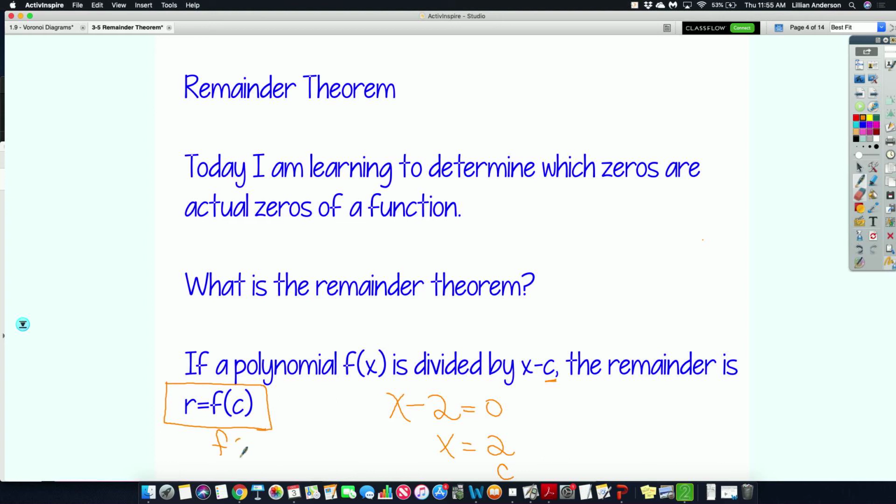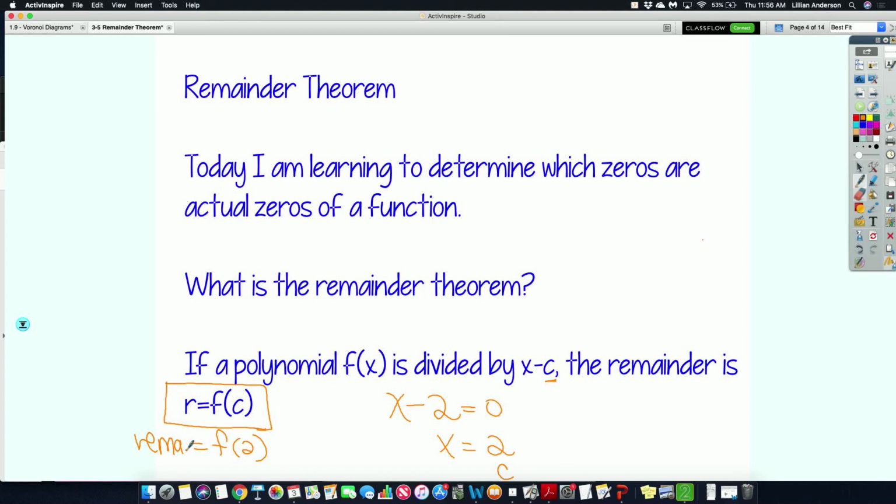Then we have f of 2. What does f of 2 mean? For every x, you're going to put a 2 into the function and find the value. Whatever you get when you plug that c into the function gives you your remainder. Okay? That is remainder theorem.